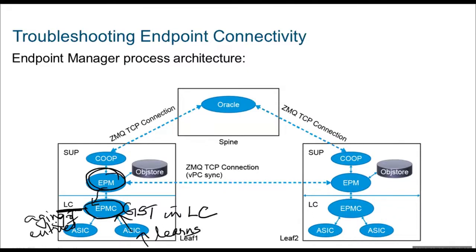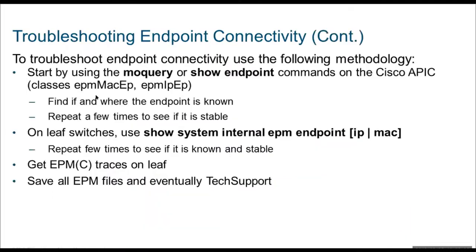What I might do is check where it learned it from. Is it a local one? Is it a global or remote one? I might repeat the command again just to make sure the endpoint stays stable. But then on the leaf switches, I could go ahead and say show system internal endpoint manager endpoint followed by an IP or by a MAC address.